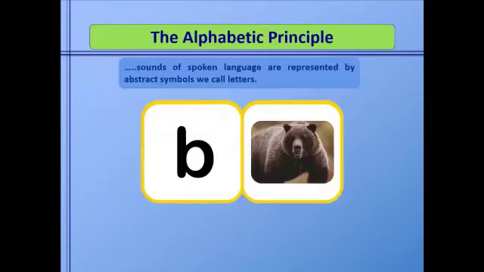Because we want the child to understand how our printed language maps to our spoken language. If a child can look at bear and say b, then that child can understand that black abstract squiggly symbol next to the bear, and they can start to learn it at a deeper and more profound manner, and they're going to be able to do it through their own activities.